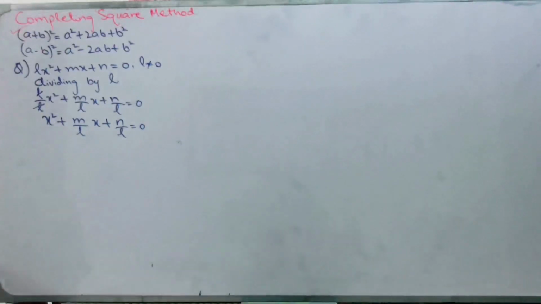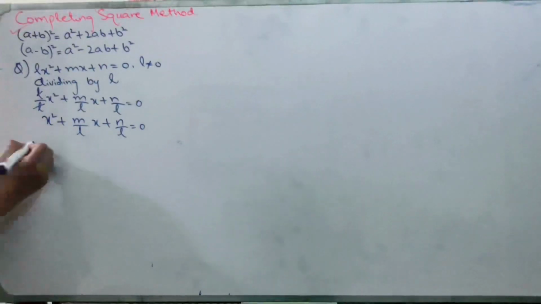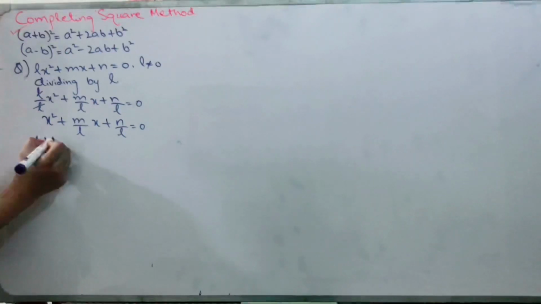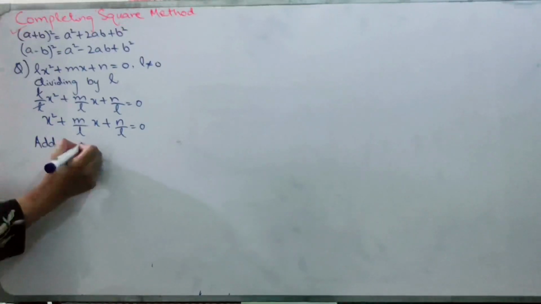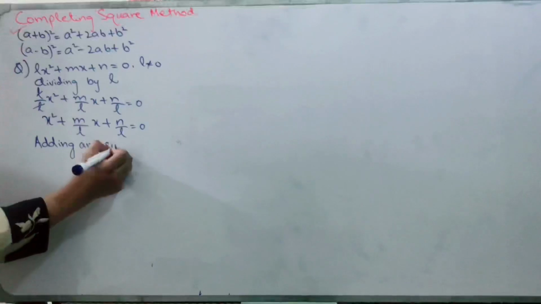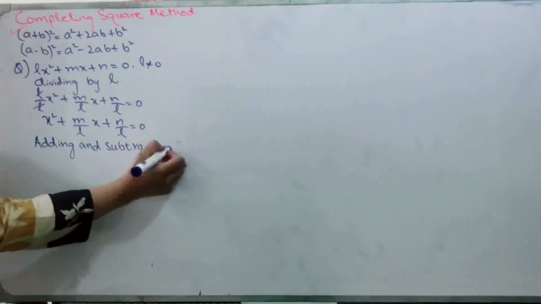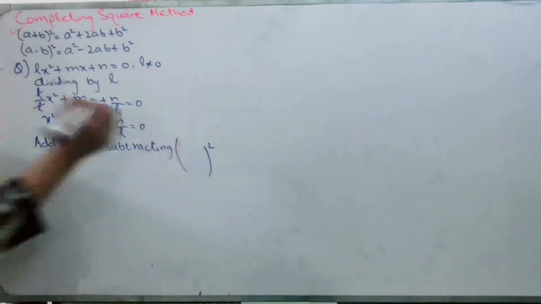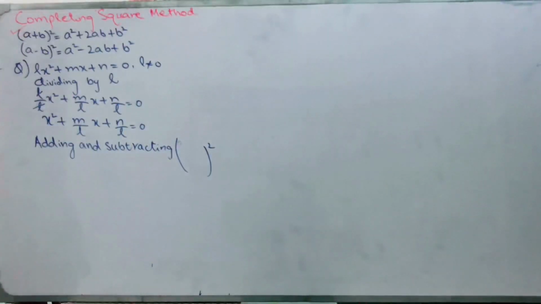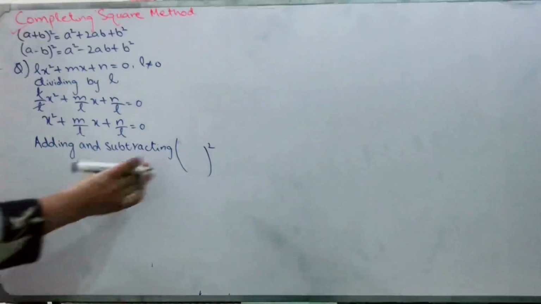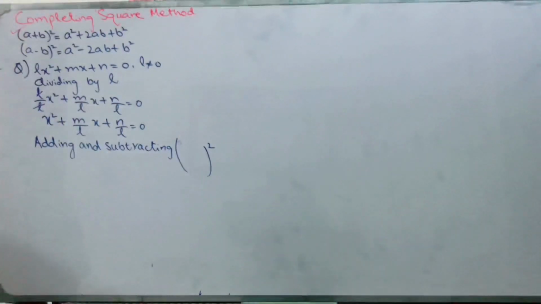In the next step, you will write adding and subtracting, and leave the bracket. What you have to add or subtract we will see later on. Till here just leave the bracket empty.